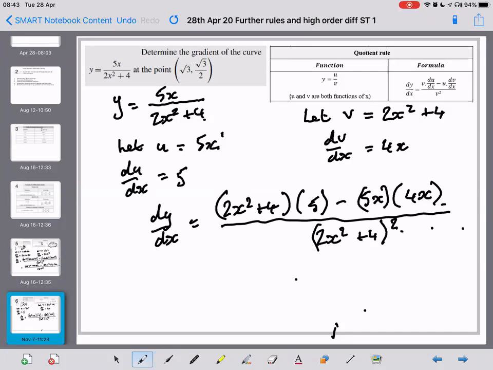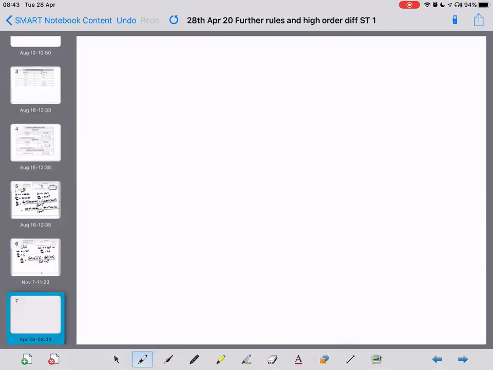For dv over dx, why do you just lose that plus 4 again? Well, when you differentiate, because it's a constant, isn't it? Just let me put that back how it should be. 2x squared plus 4, yeah? y equals, okay?